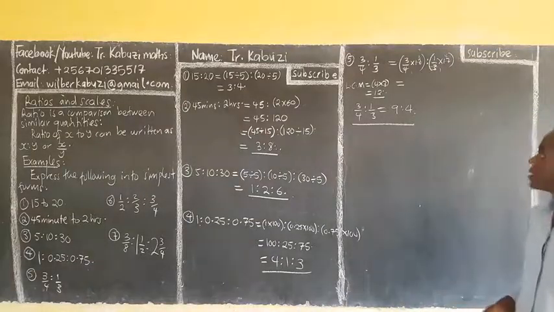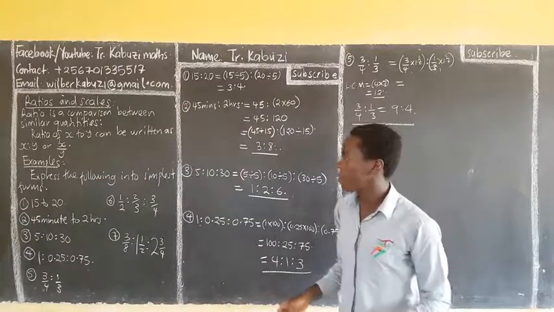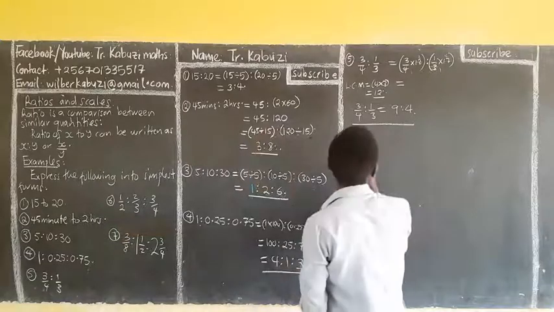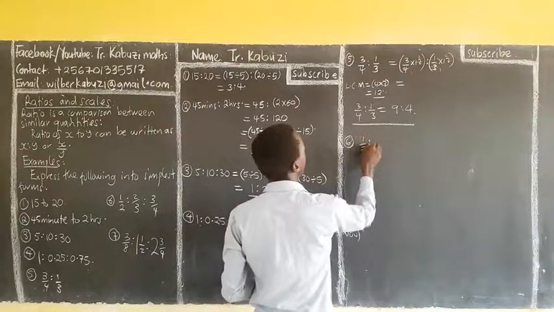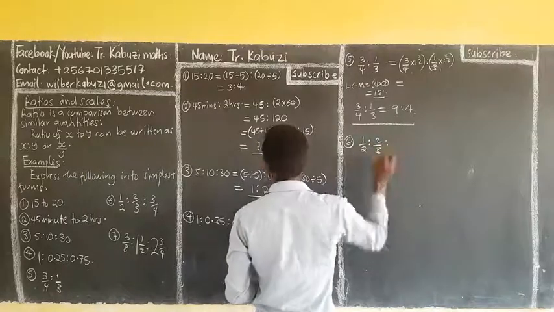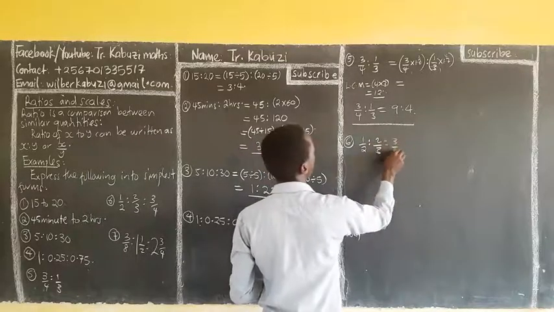As simple as that. Now when we come to number 6, we have a half, 2 over 3, 3 over 4.